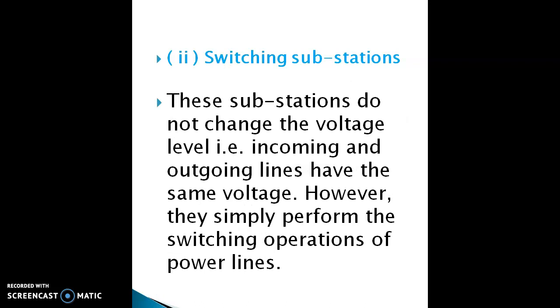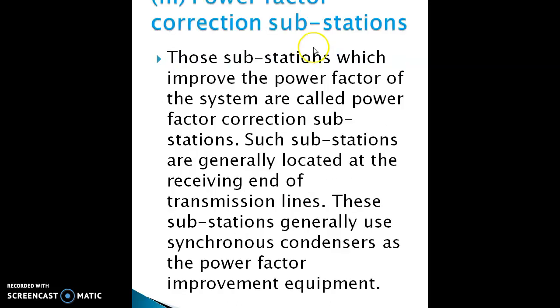Second one, switching substations. These substations do not change the voltage level, that is, incoming and outgoing lines have the same voltage. However, they simply perform the switching operations of power lines. Third one is power factor correction substations.